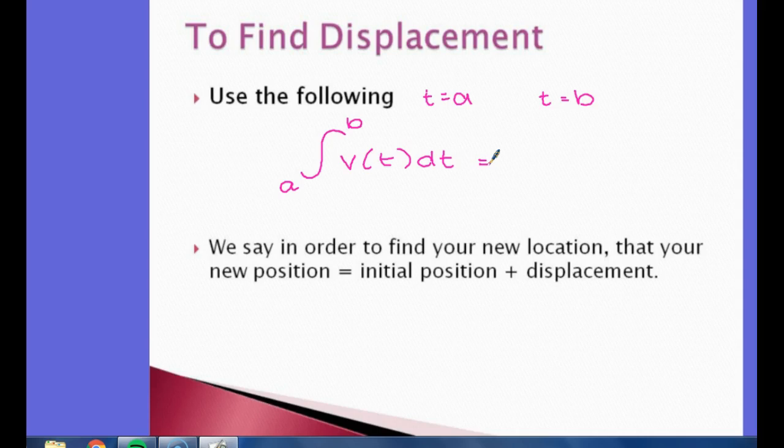What letter do we typically use for position? S. So this would be like S of B minus S of A. So again, you're integrating velocity and finding position.